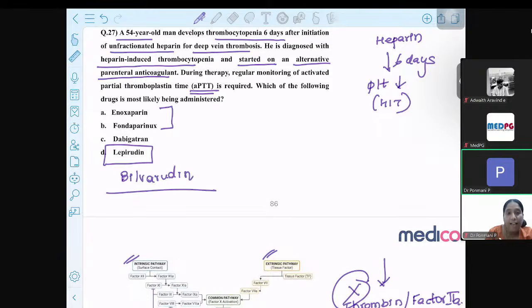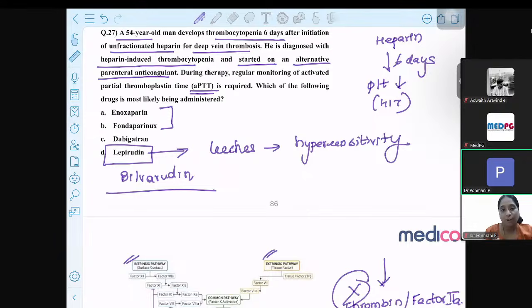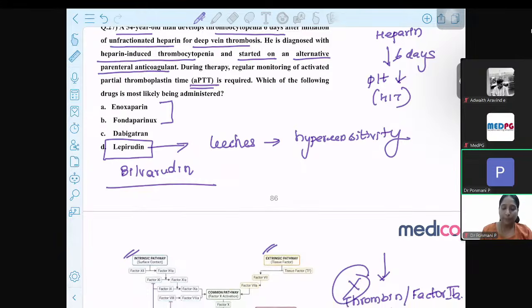Please choose bivalirudin. Why? Lepirudin is derived from leeches, so there are chances of hypersensitivity reactions which can occur. So keep this in mind. Lepirudin is not a better option, the better option would be bivalirudin. Since that is not available in the options given, the correct option would be lepirudin.